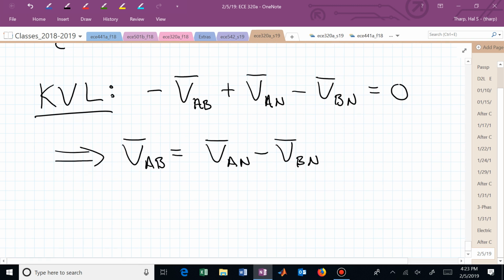We said we already had a particular notation for those two voltages on the right-hand side. V sub AN was V sub phi at 0. V sub BN, we're subtracting, is V sub phi, same magnitude, and its angle was minus 120.